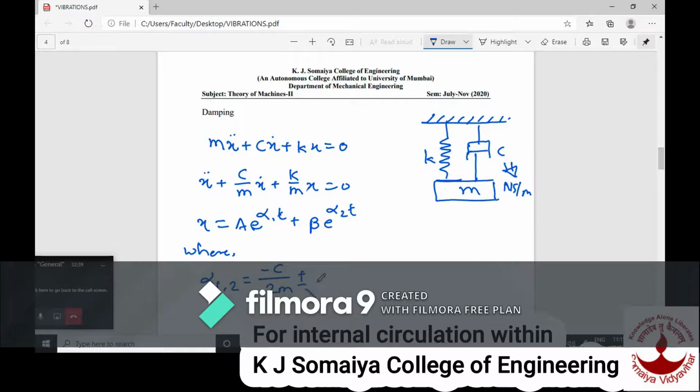For alpha 1 it will be plus, for alpha 2 it will be minus, under root of (c by 2m) square minus k by m.